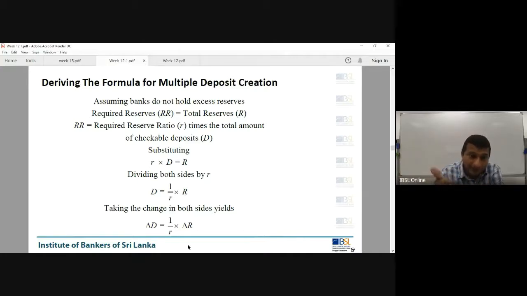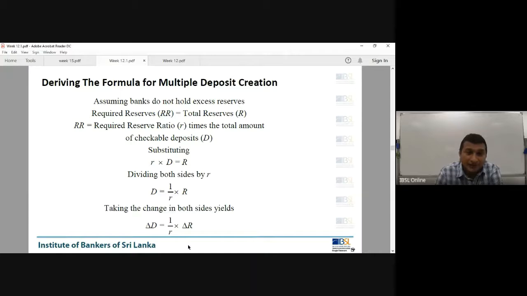If there is any excess reserve they maintain with the central bank, then by that amount the available deposit value reduces for the next deposit creation. So it is subjective in that sense. But you assume there is no excess reserve creation. Banks do not keep any excess reserves.